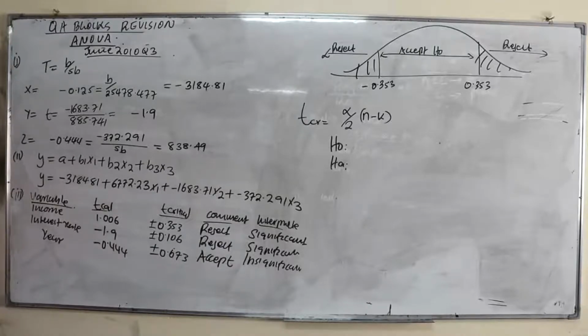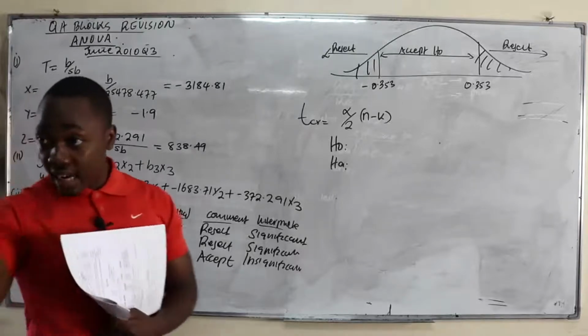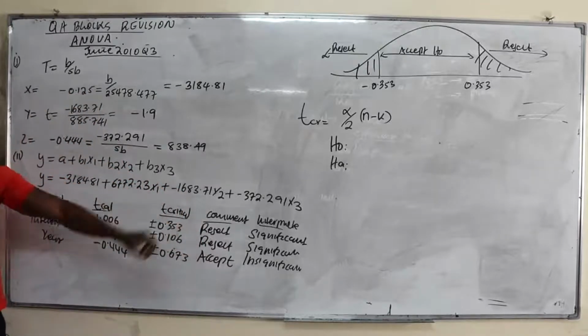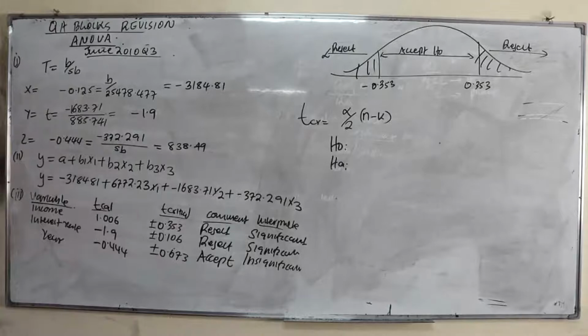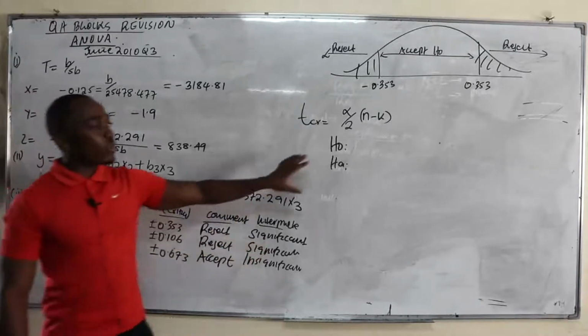We said that we have the null and the alternate hypothesis. The null hypothesis is formulated to cast doubt, and you have cast the doubt. If you reject, the truth is the opposite. Let me make it clear for you.